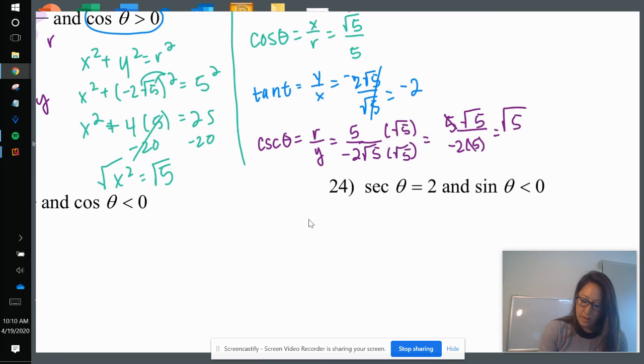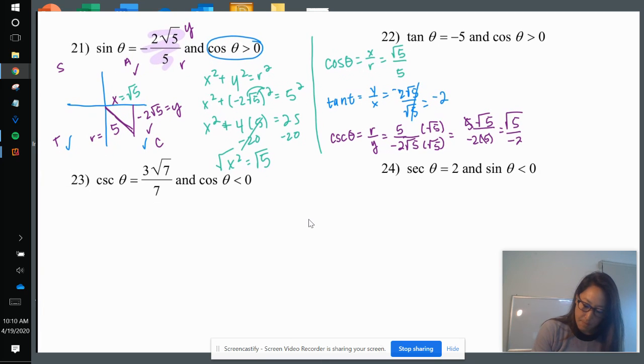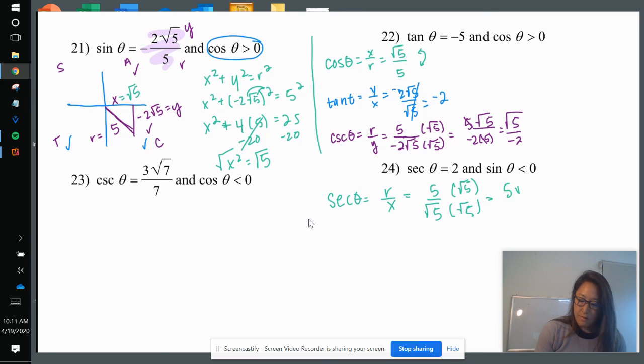So root 5 over negative 2. That is cosecant. Secant of theta is r over x, which I'm just going to reciprocate, so 5 over root 5. Again, rationalize. I get 5 root 5 over 5. Those cancel, giving me root 5.